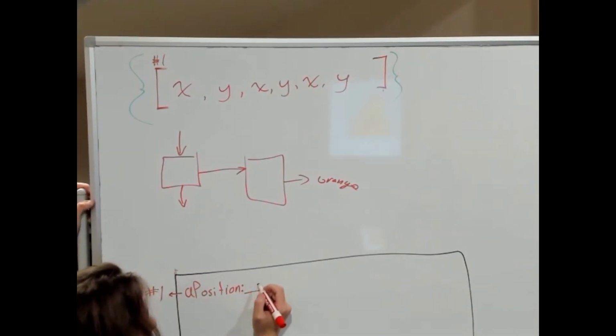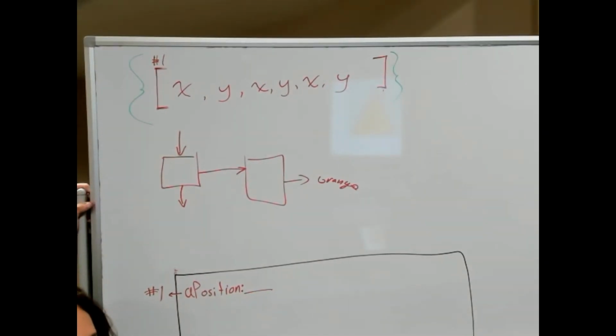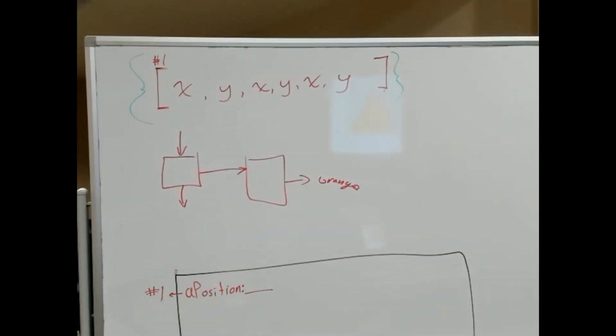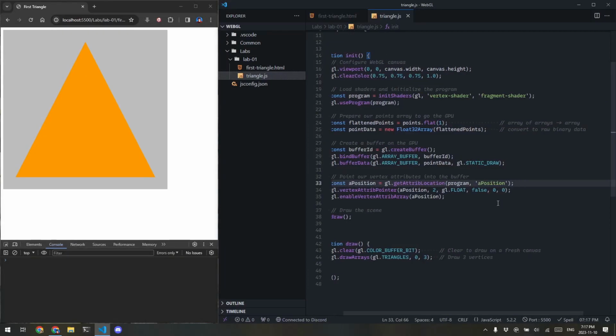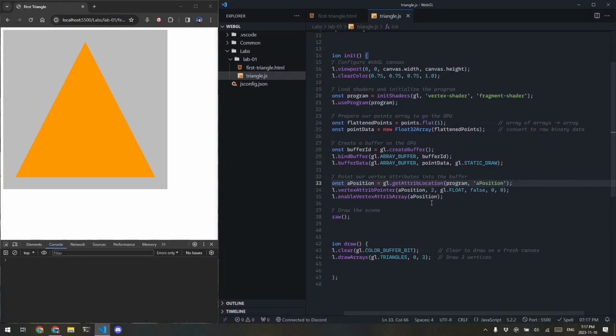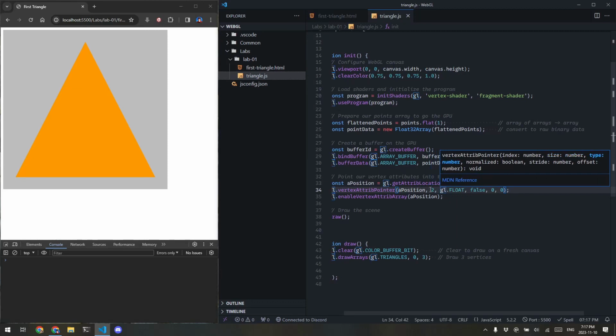In this case we said it's 2 floats. So A position, let me pull that back up. So here we can actually see. A position is 2, type is float. We don't want OpenGL to normalize them. Stride is 0. We'll get to stride in a bit, but we can assume that'll always be 0 for the next couple of videos. And then offset is 0.